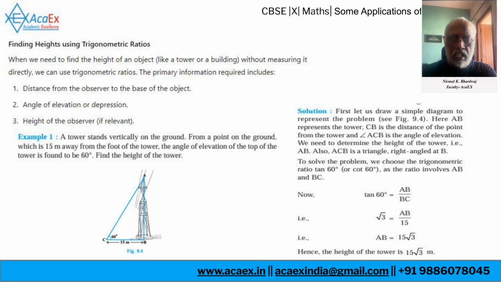The equation is tan 60 degrees equals AB divided by BC. We know that tan 60 degrees is the square root of 3. So the square root of 3 equals AB divided by 15. Solving for AB, we get AB equals 15 times the square root of 3 meters. This is the height of the tower.